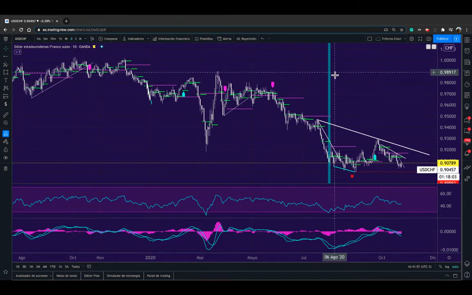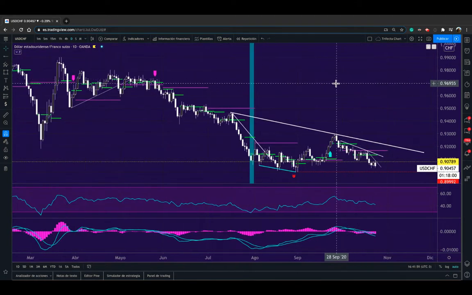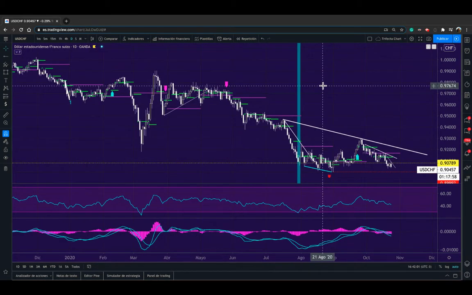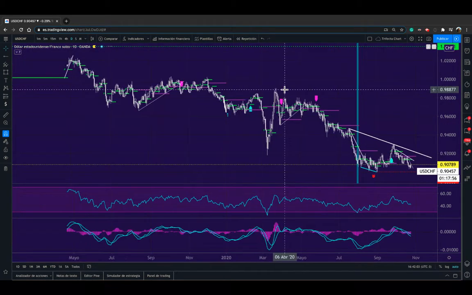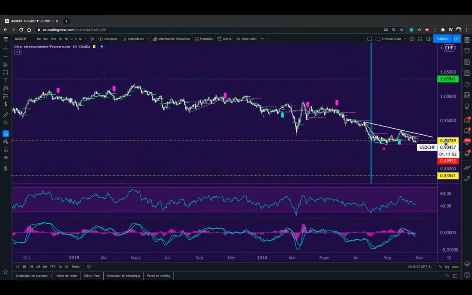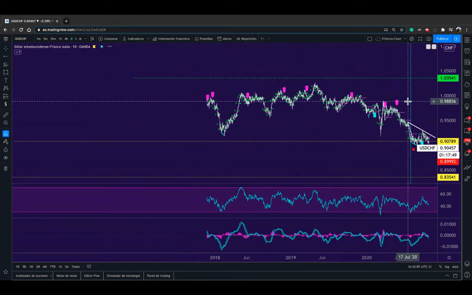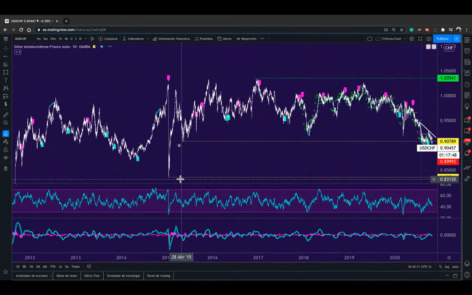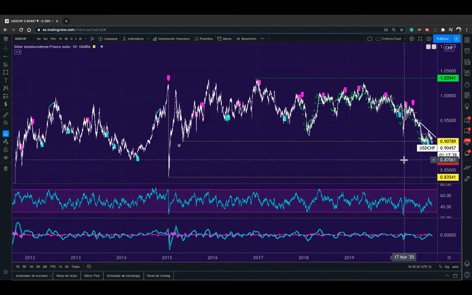In addition, we have a couple of levels to consider. First, we have this huge historical low at the level of 0.8354.